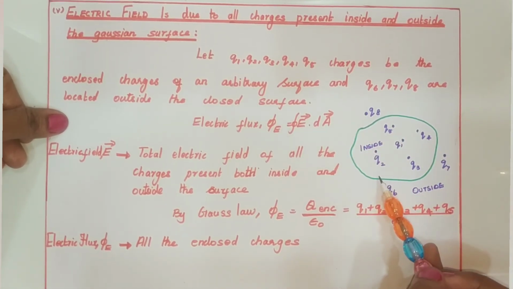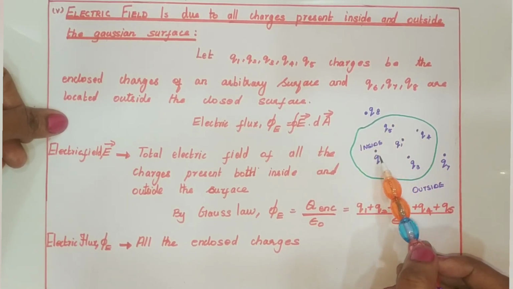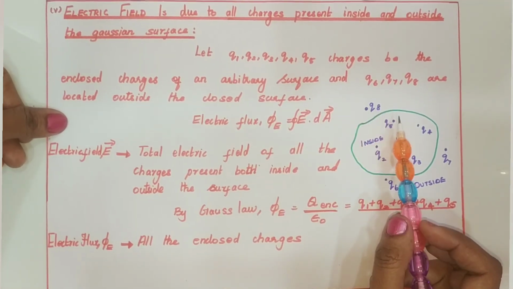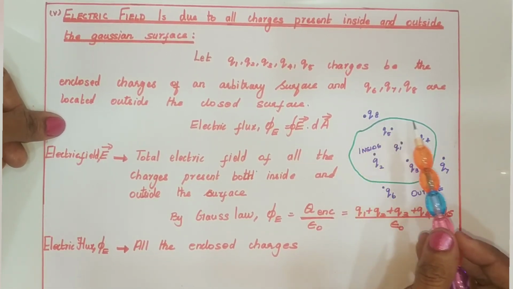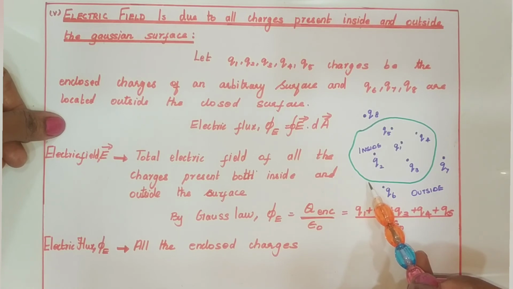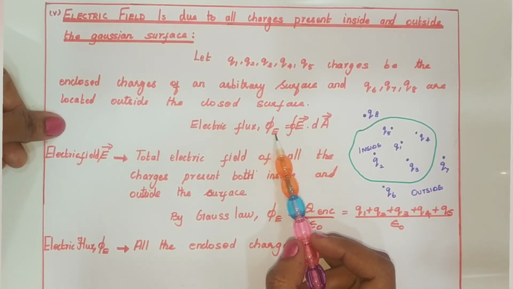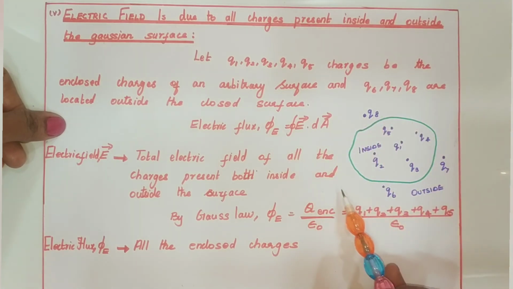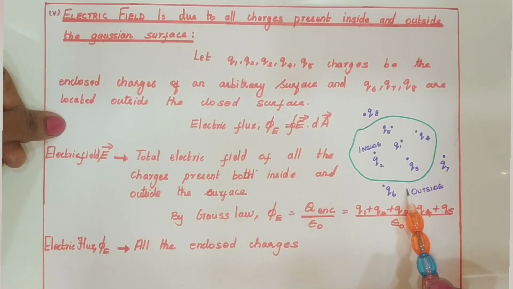Here you see the total electric field of all the charges both inside and outside the surface is giving the resultant electric field. That is, the resultant electric field is the E vector which we use in the expression for finding the electric flux phi E. Okay, the electric field is due to all the charges present inside and outside the Gaussian surface.